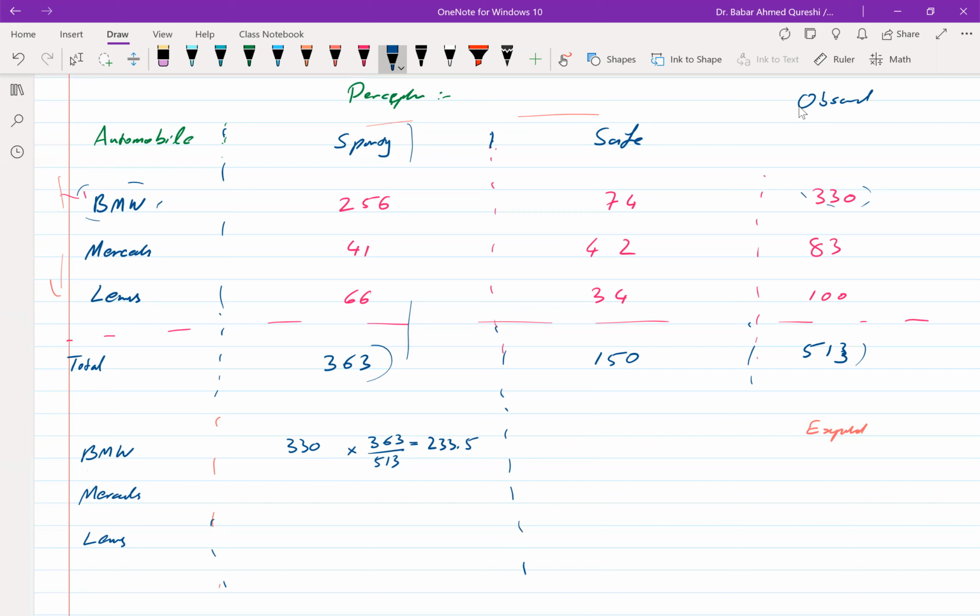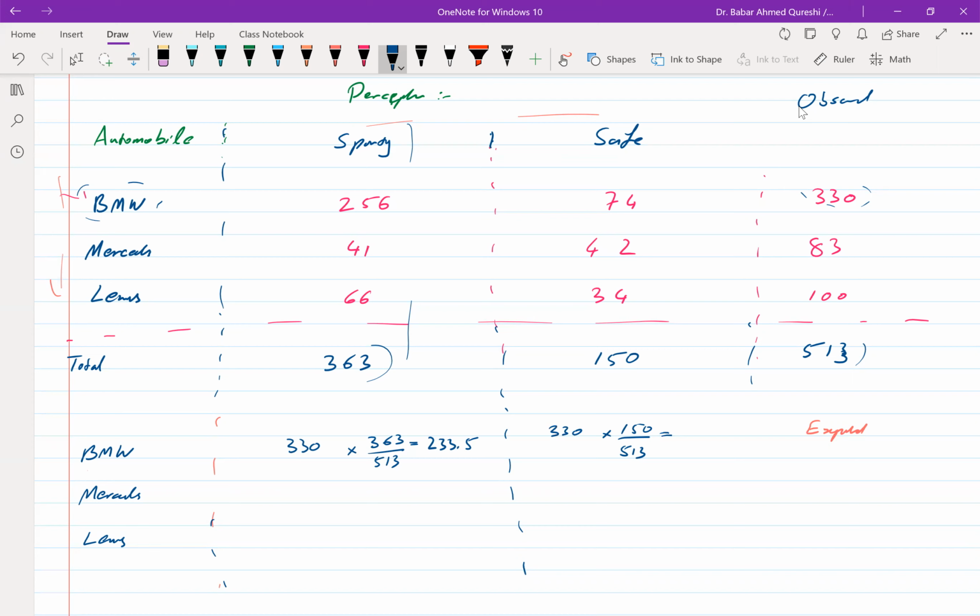So again, for safe, 150 out of 513 say it's safe. And if this probability was equally distributed among the brands, I would have this number being multiplied by 330.